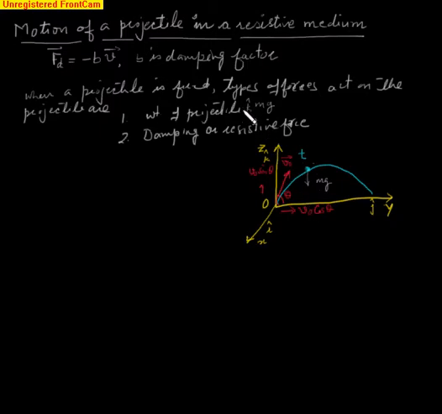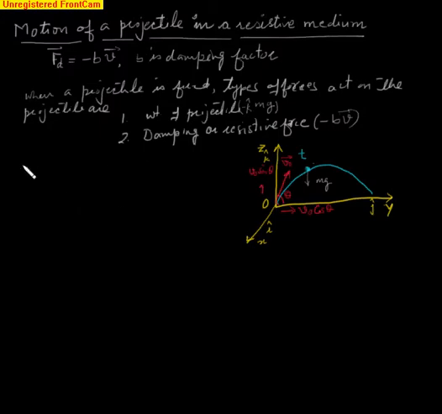And since the damping force is a resistive force, directly proportional to velocity, we will write it as minus bv.